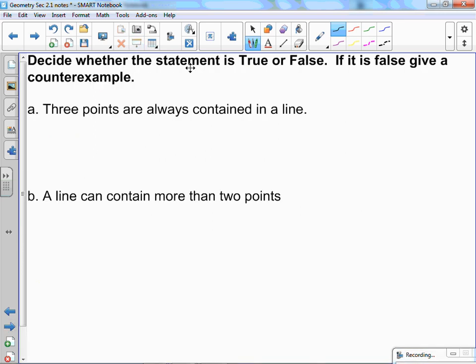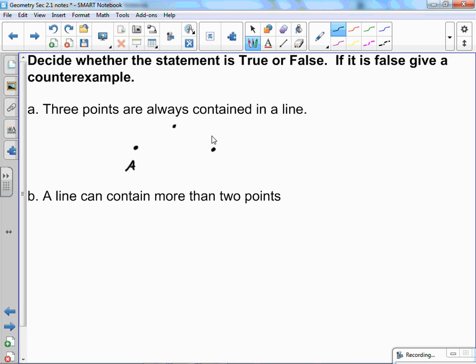And then lastly here, decide whether the statement is true or false. If it is false, give a counterexample. So: 3 points are always contained in a line. A line could have 3 points in it, could have more than 3 points in it. But whenever I have 3 points, are they always in a line?